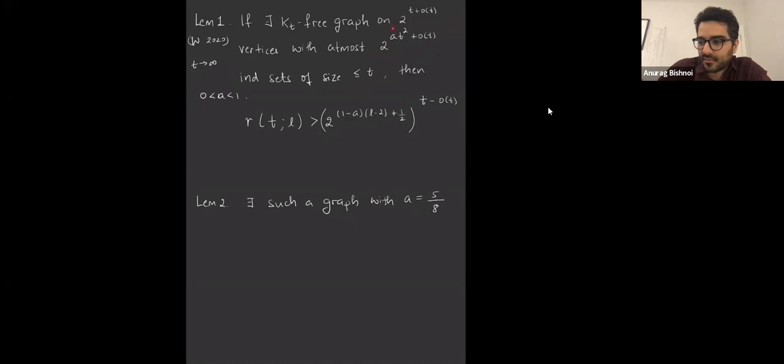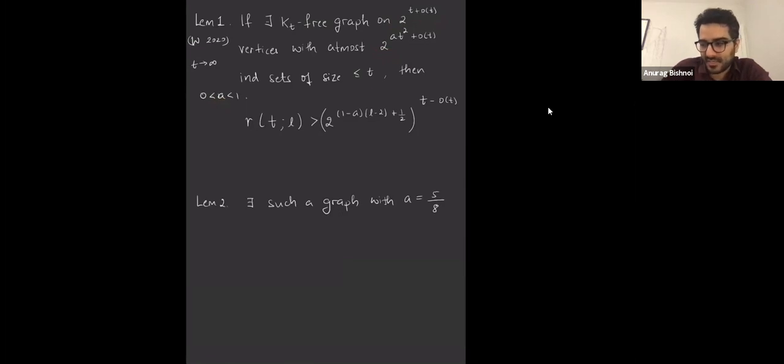So this is the number of vertices, and trivially, if you just pick t elements from a set of these many elements, then you will get 2 to the t squared many t-element subsets. Here it says that you have very few independent sets, and this is measured by this constant a, which is strictly less than 1.